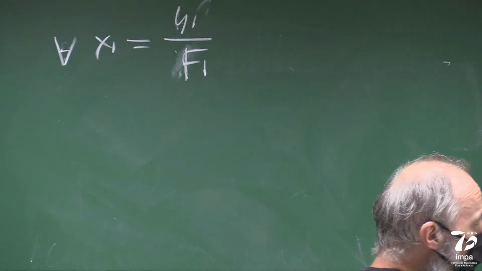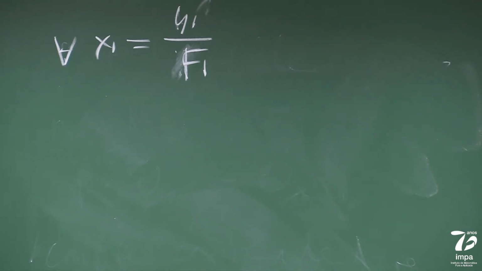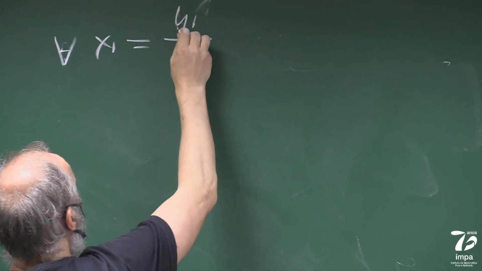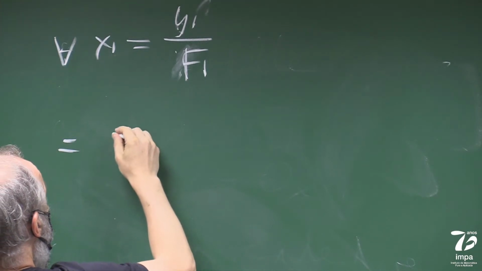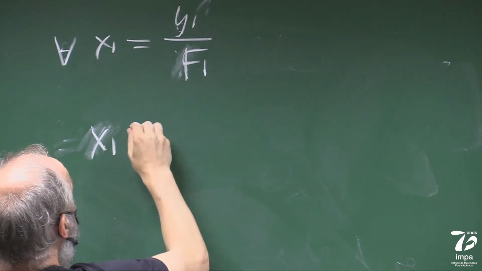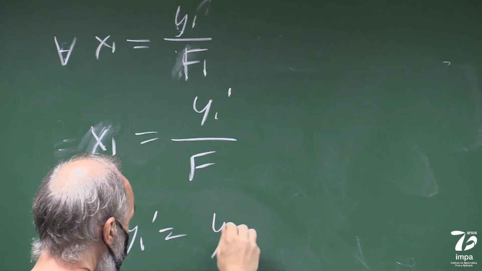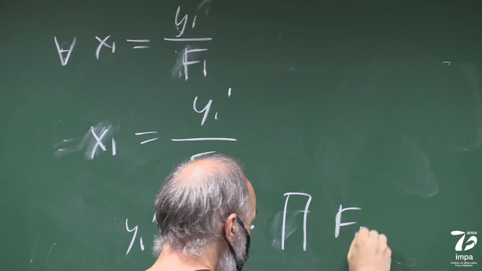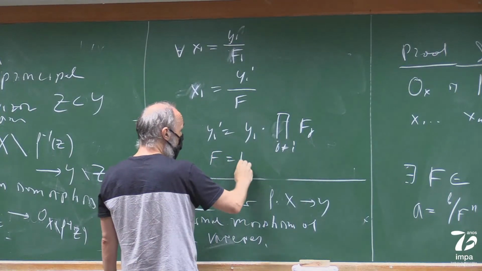Here in the slides I use f for the embedding, but in fact we can consider this embedding map as just identifying with its image and forget about the embedding. So xi is yi divided by fi, but this is the same as xi is yi prime divided by f, where yi prime is yi multiplied by the product of all fj, j not equal to i, and f is the product of all fi.